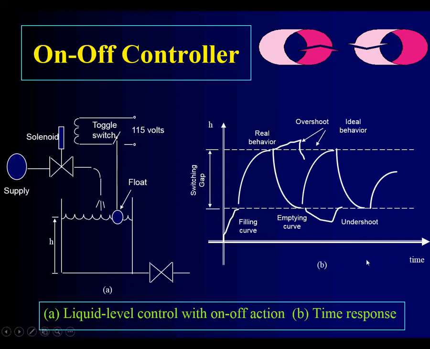So you can see here on the right hand side, we can examine this, and you see there's the time, and then there is the switching in here. This is the real behavior with a little bit of overshoot or undershoot. So this is the kind of response that we should get from an on and off controller.